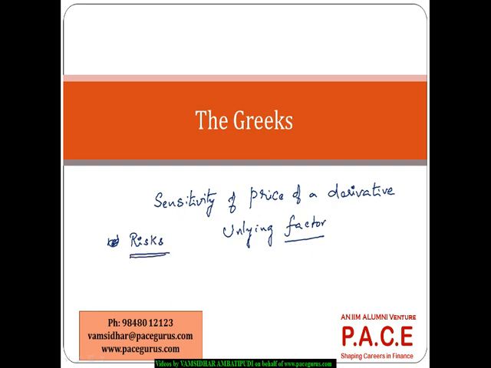So it helps us in typically understanding the different risks in the portfolio and formulate a strategy to mitigate these risks, to manage these risks. So the understanding of the Greeks helps a lot as a part of the risk management process, especially when we are dealing with derivatives as a part of the trading portfolio.